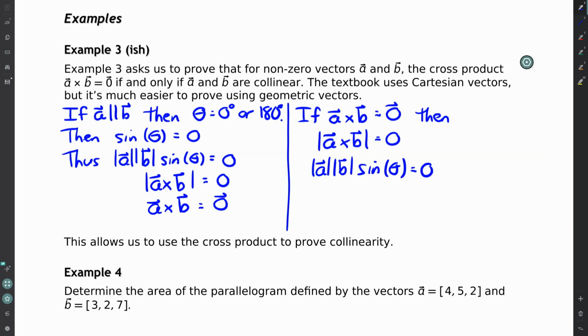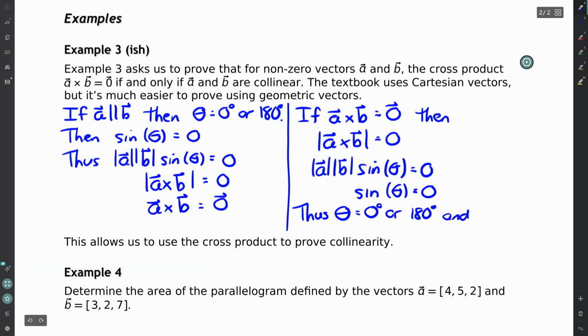But we know by definition, because A vector and B vector are not the 0 vectors, that their magnitudes are not 0. And therefore, the only way that can be 0 is for sine of theta to be 0. And that means theta is equal to either 0 degrees or 180 degrees, and that in turn means the vectors are collinear. It's an if and only if.